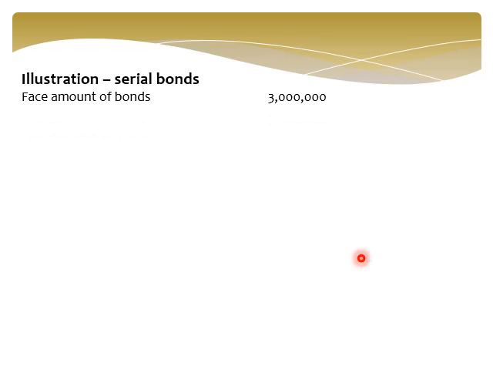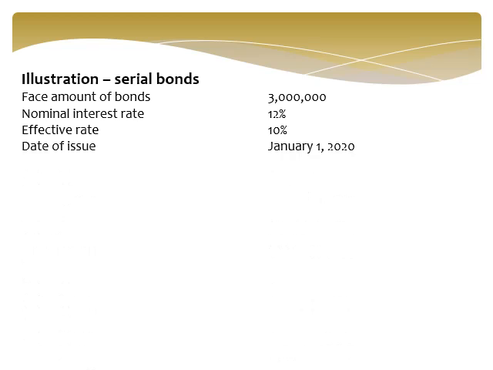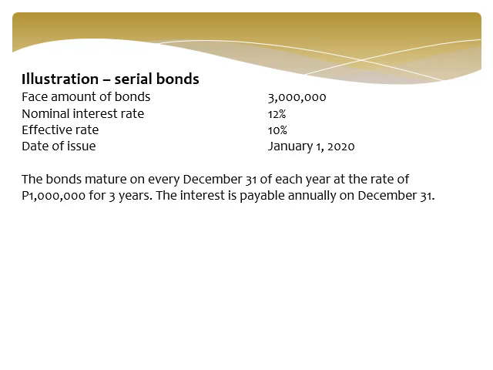Illustration, paano naman pag serial bonds? Eh, yun kasi kanina lump sum, isahang bayad yung principal. Eh, paano kapag yung liability or yung bonds payable is payable every year? Merong principal payment every year. For example, may face amount na 3 million, may nominal interest na 12%, may effective rate na 10%, date of issue January 1, 2020.